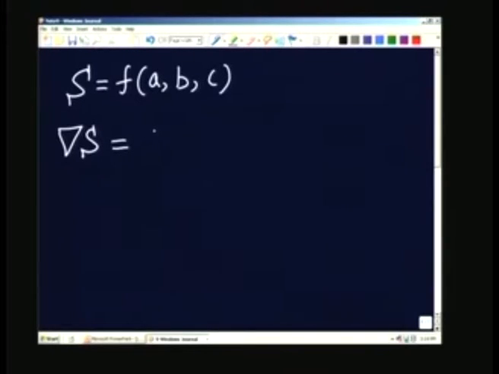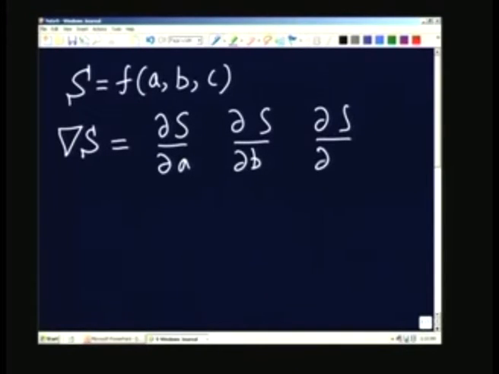This will contain 3 components which are nothing but dou S by dou A, dou S by dou B, dou S by dou C, and I will write this along the direction of A, with a unit vector along each direction. So, this is the gradient.